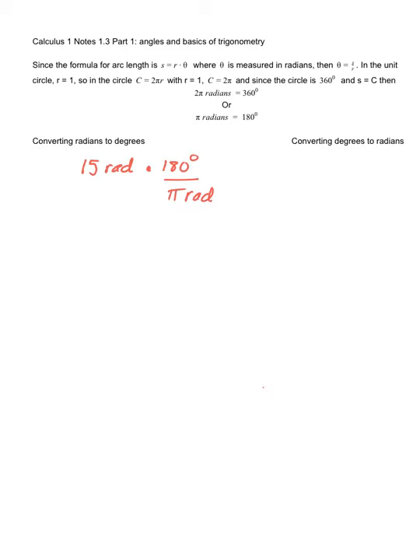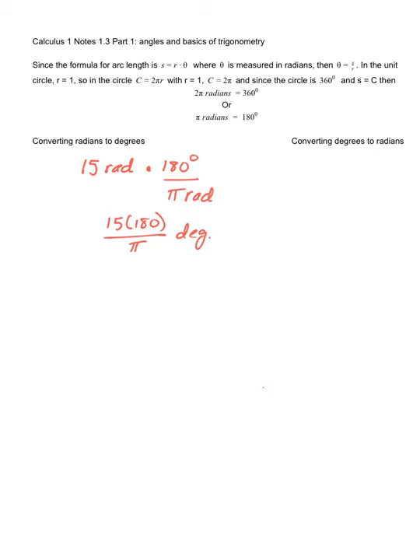And so by multiplying by that conversion fraction, the radians units will cancel. So I end up with whatever 15 times 180 is divided by pi. And that's now going to be in degrees. I don't really care what that number is, but that's what I would do. So pi is just the number in your calculator, right? It's 3.14, whatever, 22 sevenths, right?